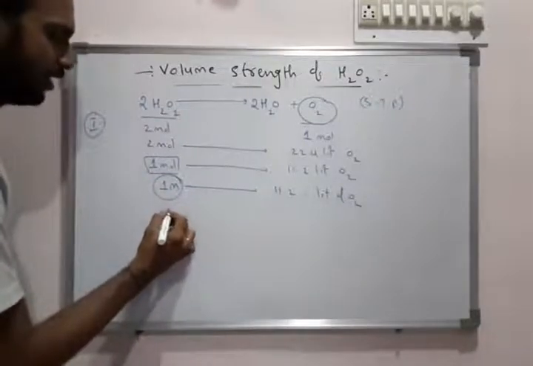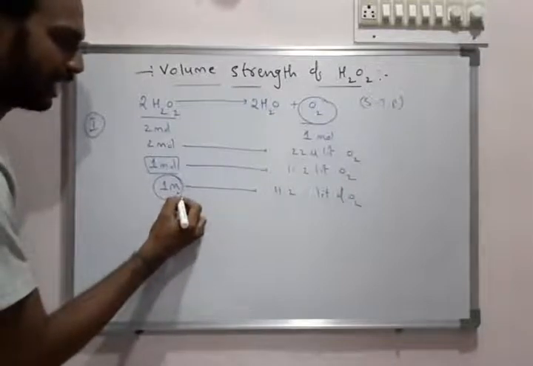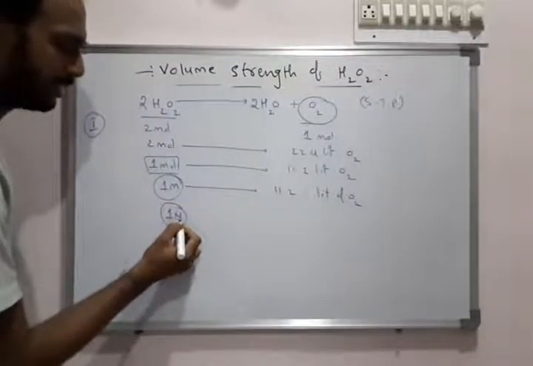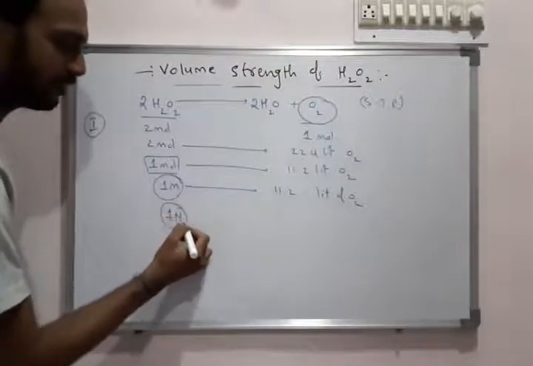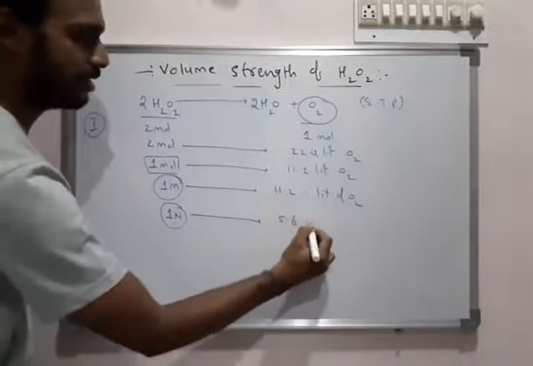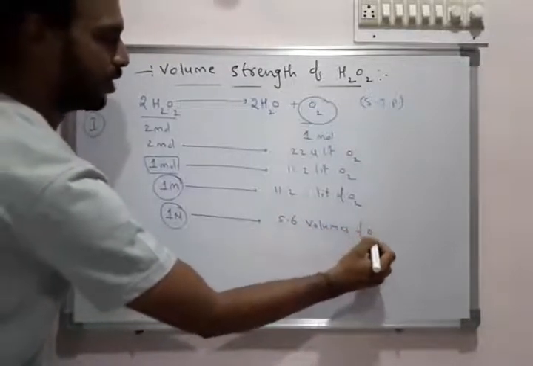So what is it for 1 normality? Generally for 1 molarity we calculate with the molecular weight, that is 34. For 1 normality we calculate with 17. Here 34 grams, here 17 grams. That gives 5.6 liters. It is taken as 5.6 volumes of oxygen.